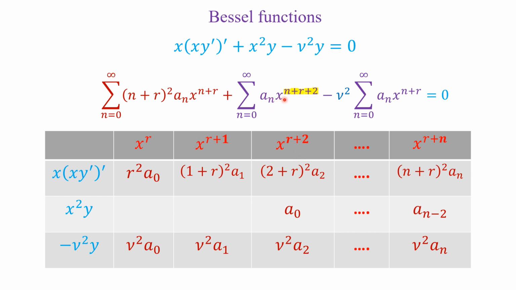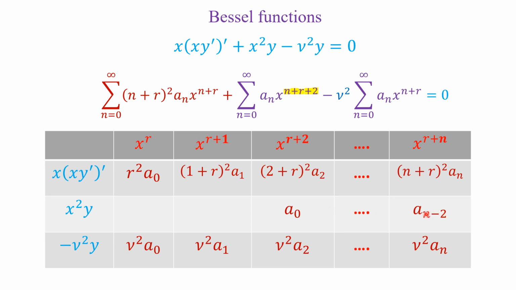Automatically this will become x power r plus 2. So for n equal to 0, only one term is left. So this will become a naught. Similarly, for the second one, if n equal to 3, this will become a1, n equal to 4, it will become a2, like that. That is always n minus 2.